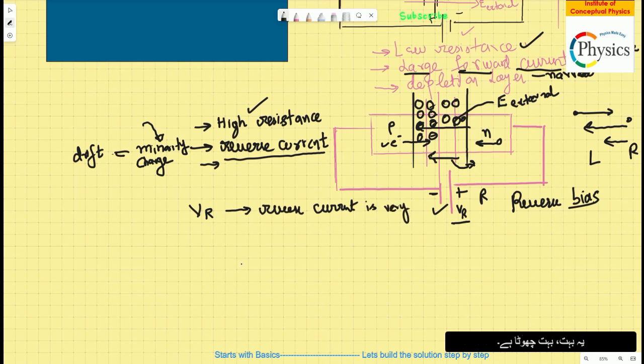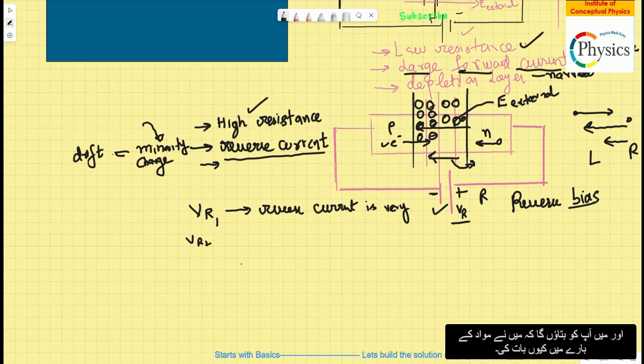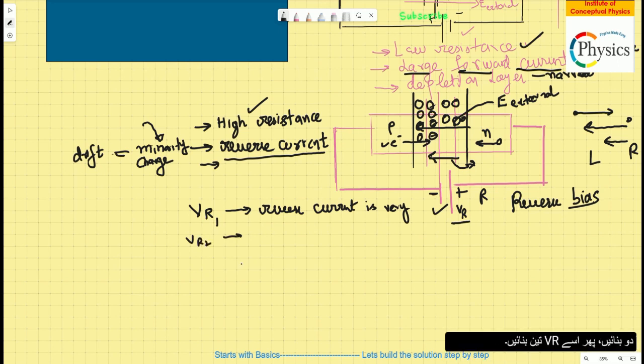It's very, very small. I told you, increase it further. Okay, so VR1, make it VR2, and I'll tell you why I talked about materials. Make it VR2, then make it VR3. You will find no noticeable change in the reverse current. The reverse current remains very small.